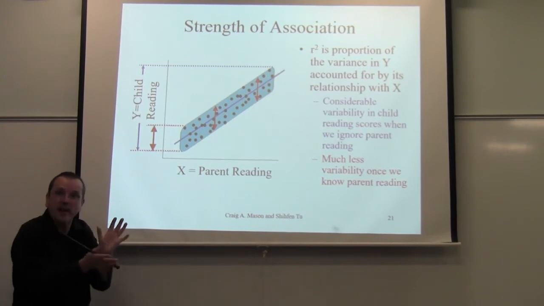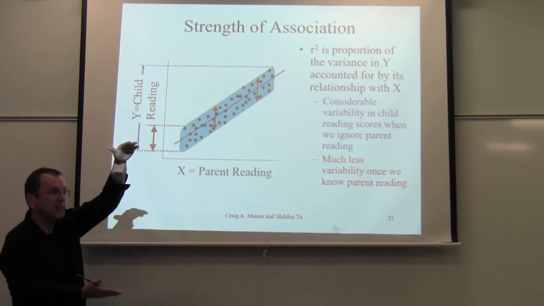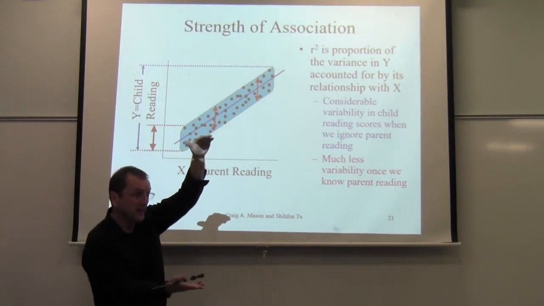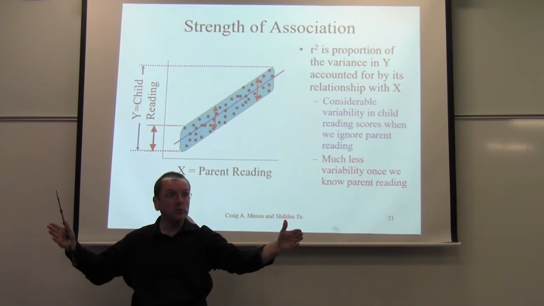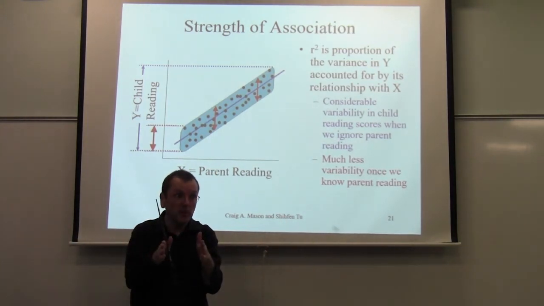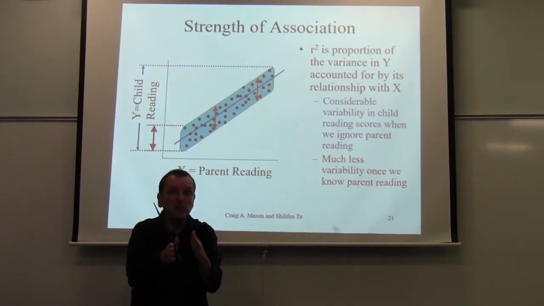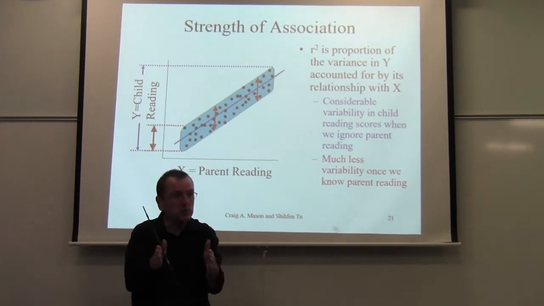But conceptually, I think that's a nice way to think about it. R squared tells us that when I don't know anything, I'm making guesses anywhere in this range. Now, as my R squared gets bigger, I'm still guessing. I don't know exactly what the number is, but I'm able to more precisely estimate what the value is. And how much that's reduced in squared terms is equal to your R squared.